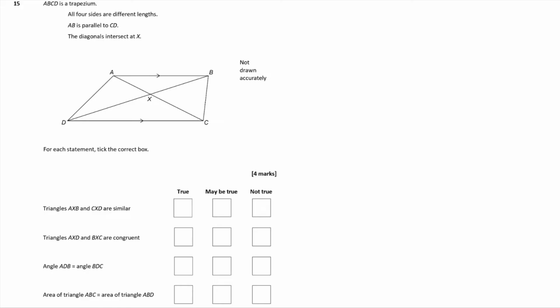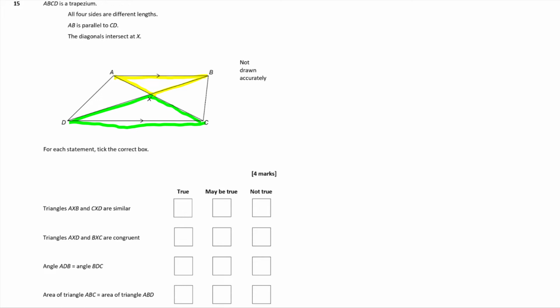So where's AXB and where's CXD? So AXB, and CXD. Are these mathematically similar? Now, if two shapes are mathematically similar, they'd have to have all the same angles, wouldn't they? Okay, now, is that true?